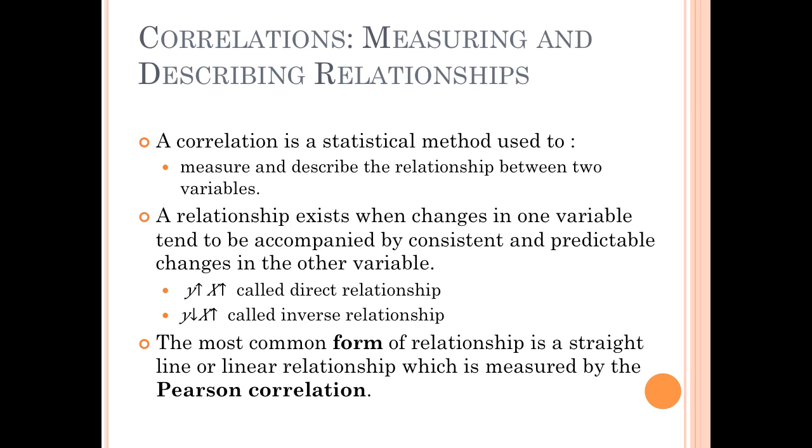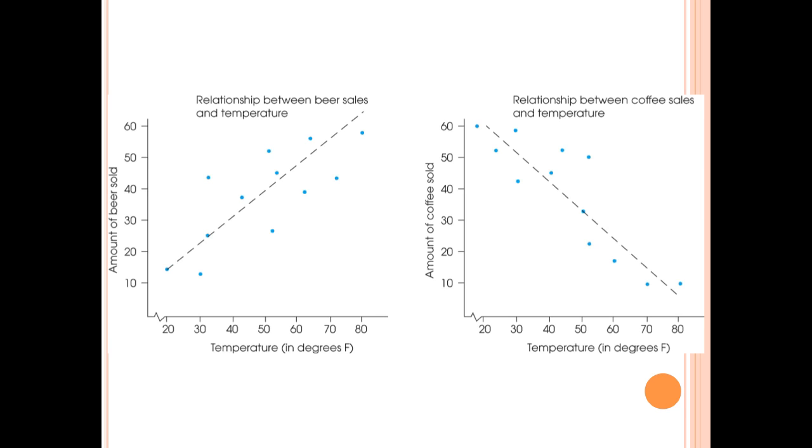And the most common one is Pearson correlation, which is represented by lowercase r. And for a Pearson correlation, you need to have variables that are measured either by interval or ratio level data.